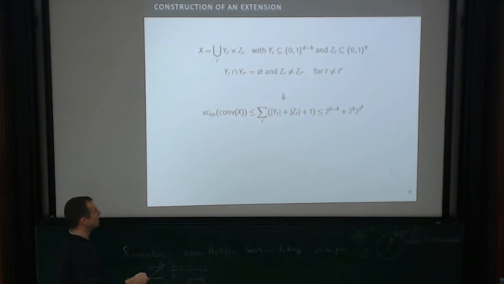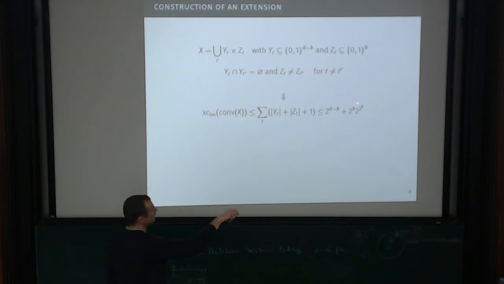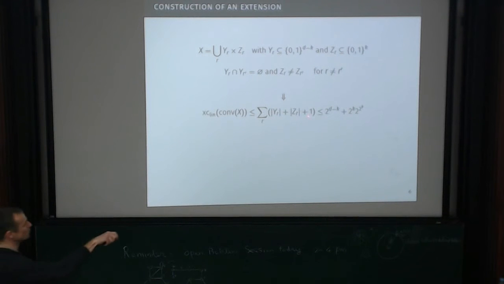And this is bounded by 1/2 of this. And this 1/2 I can conveniently use to account for this additive constant of 1. Now you have to choose k very carefully, and what works out is log of d over 5. And then you find that this number will be at most 10 times 2 to the d minus log d.